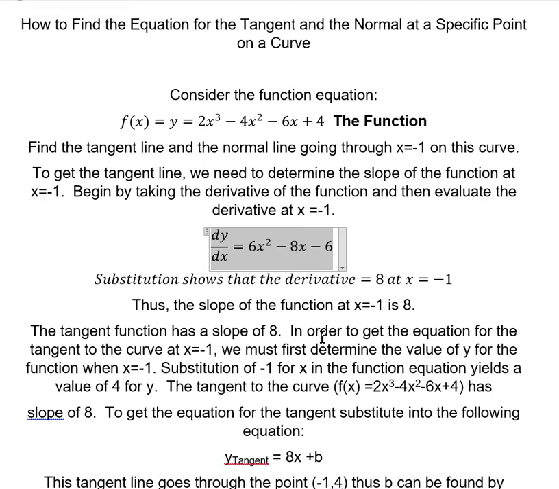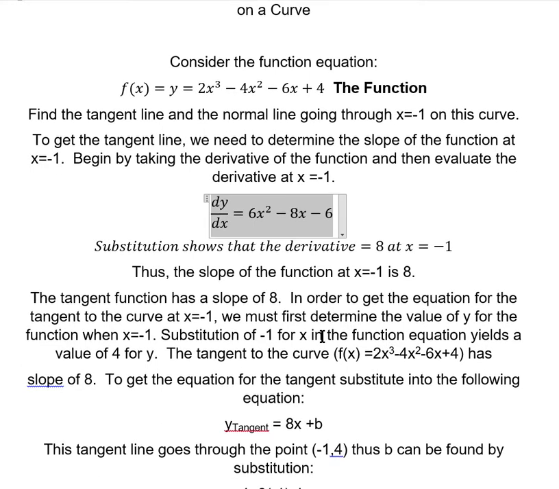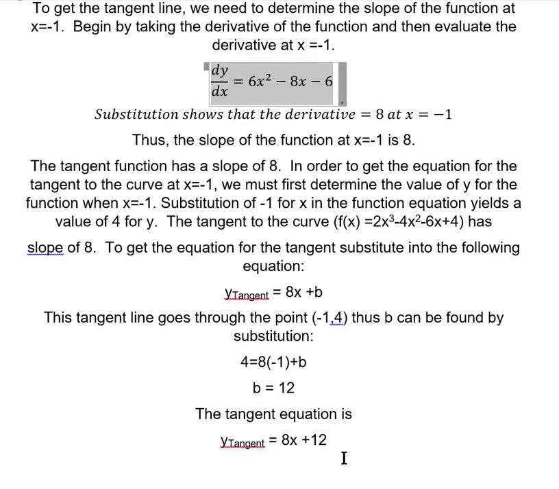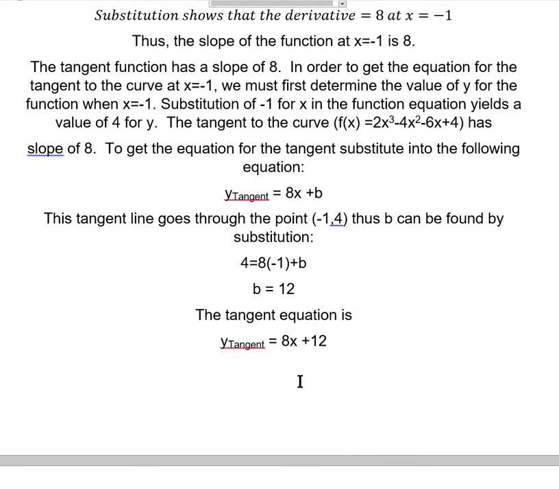So at the point in question where we want to find the tangent, y tangent would equal 8x, 8 is the slope, plus b. And if we substitute minus 1 for x and 4 for y, we can get the value of b. b is 12. So this is the tangent equation.